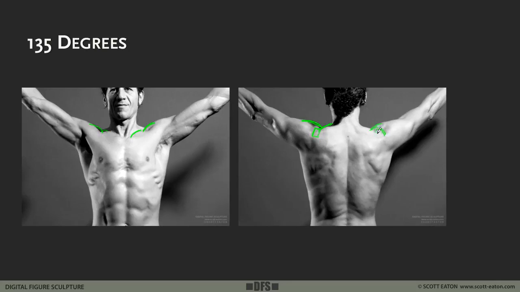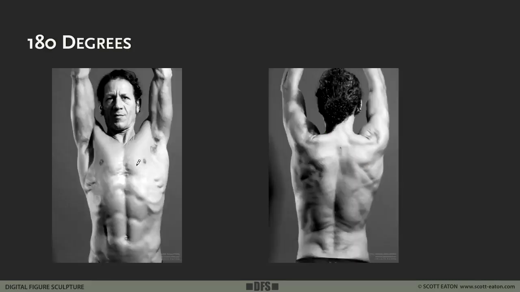Everybody's probably familiar with this visually because we've seen it a lot. Anybody who's done life drawing or studied from reference knows that this is the case, but it's hard to quantify the actual mechanical effect. And then at 180 degrees, we're rotated back fully 45 degrees, 50 degrees in the clavicle, and this is what you get.